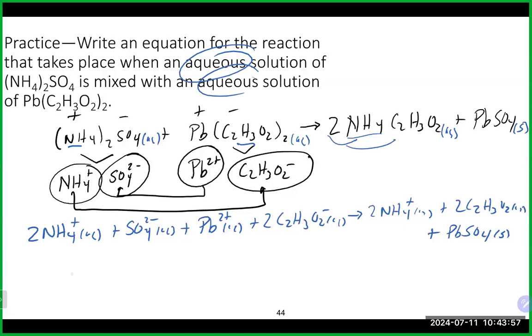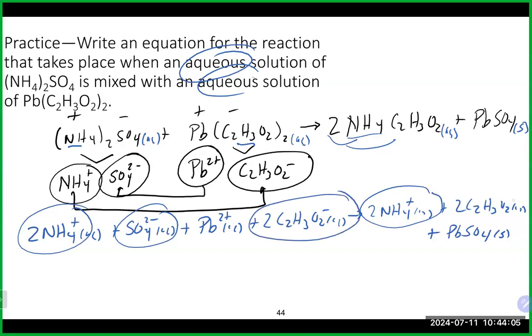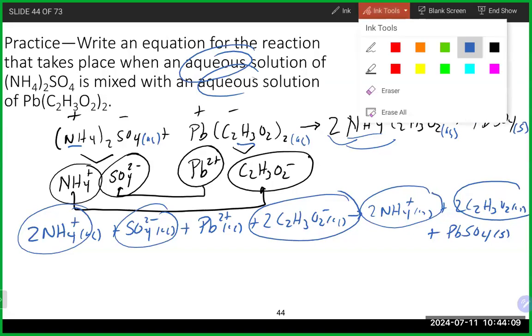Our spectator ions in this case would be the 2 ammoniums and also, not the sulfates, I keep circling the wrong one, the acetates there would be our spectator ion in this case.